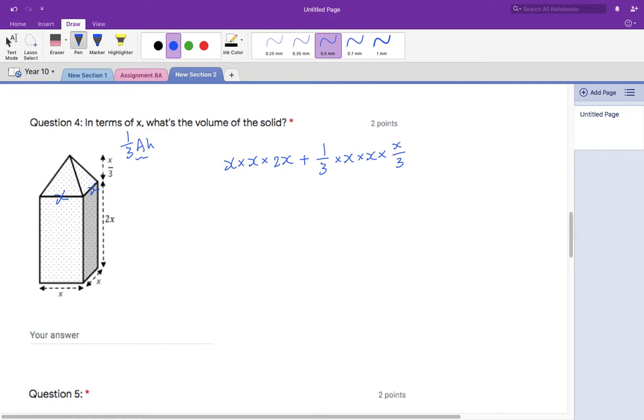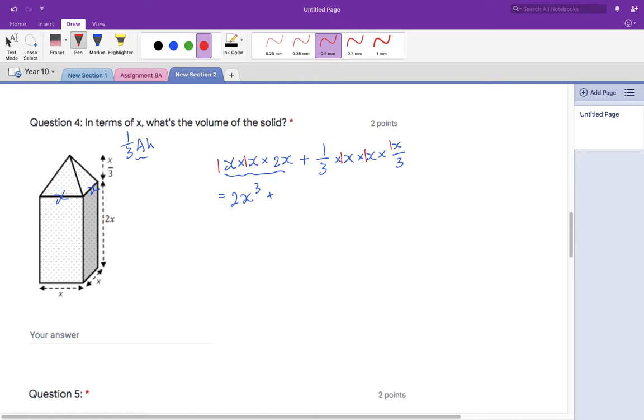So x times x times x is x cubed. But the coefficients, the numbers, are 1, 1, and 2. So you do 1 times 1 times 2, which is just 2x cubed. That's what the first expression becomes. Plus a third times x, and x over 3 is 1 over 3 times x.